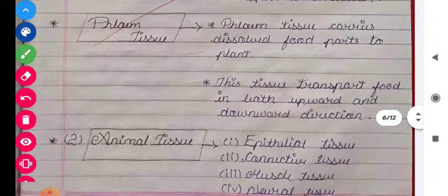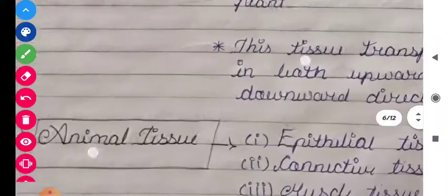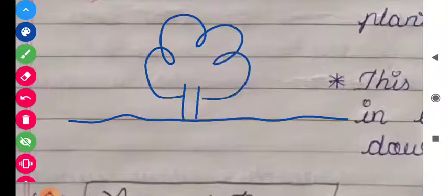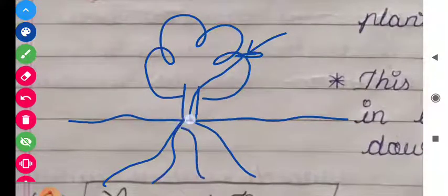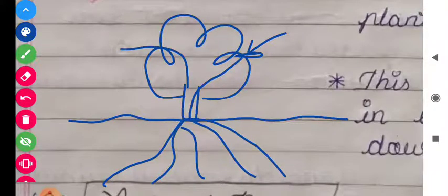Because, students, if there is a tree and a plant is there, inside the plant the food is prepared on one of its leaves. Suppose here the food is prepared, so it needs to be supplied to the roots. The prepared food should be supplied to the roots as well as to the other plant parts.